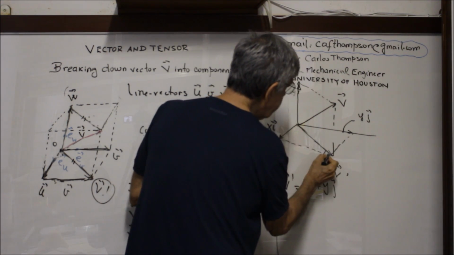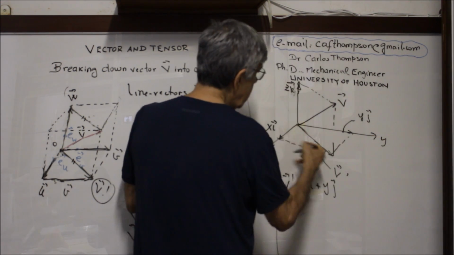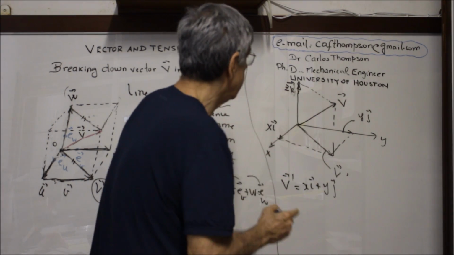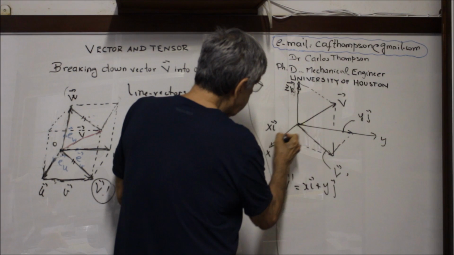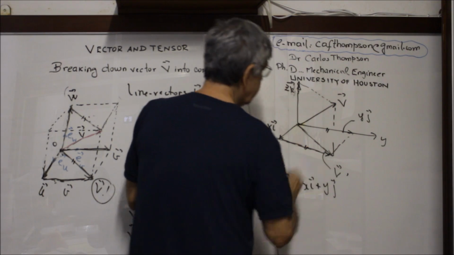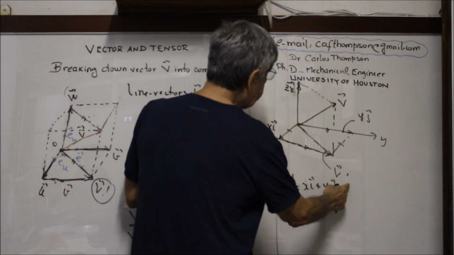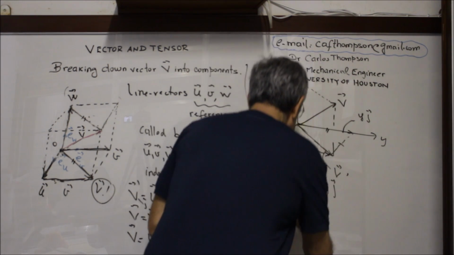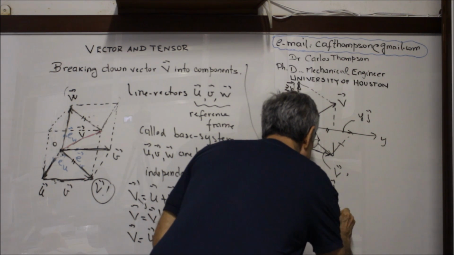I break this vector down in the xy plane; v prime, xi and yj lie on the same plane. This vector is this one plus this one. Now I'm adding v prime to zk, and v prime plus zk is v.